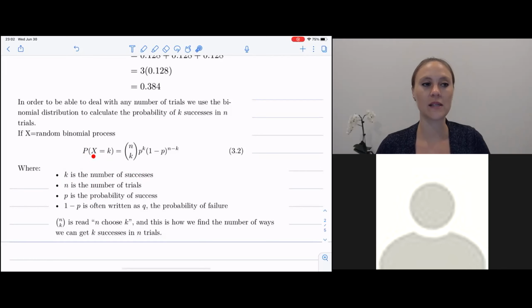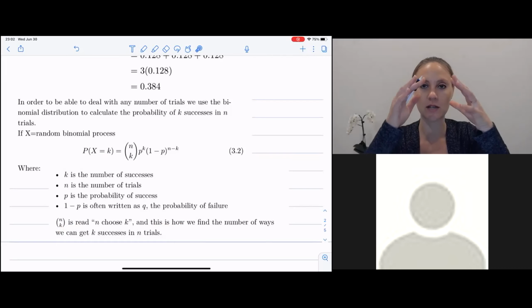So the probability that x equals k is, this is the choose function, n choose k. If you haven't seen that before, I will show you how it works. For now, you read it as n choose k. It's how we find the number of ways that we could get k successes in n trials.